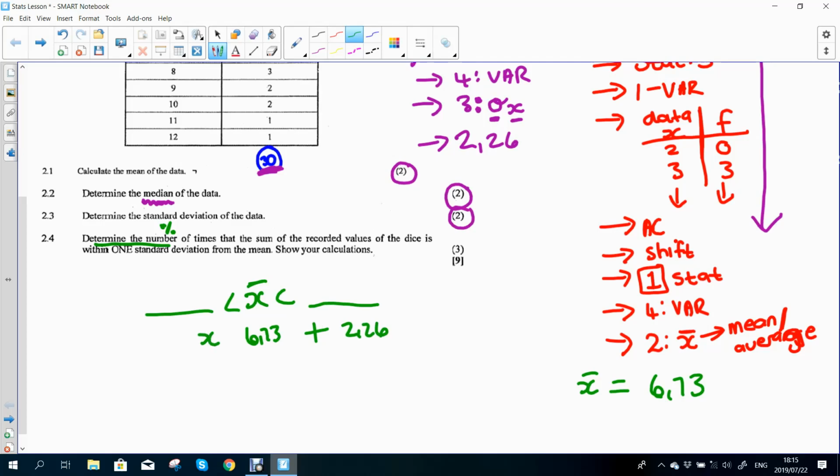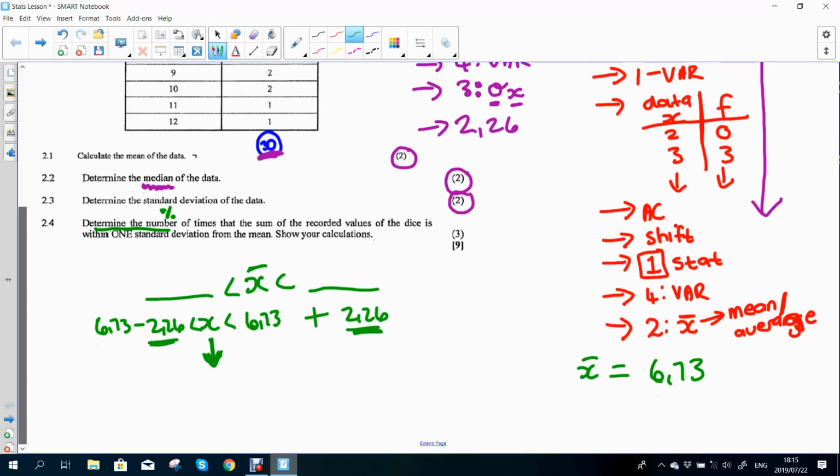And to get the boundary on the left, you will take your mean and you will subtract your standard deviation. So it's basically having the mean in the middle, and you want to go 1 standard deviation up and 1 standard deviation down. So that is what that means.